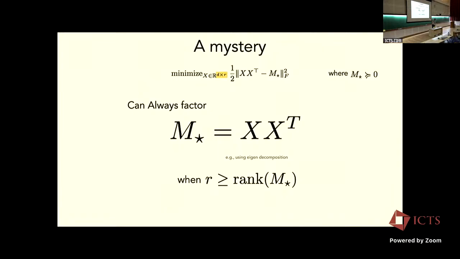As long as the width of the matrix X is bigger than the rank of M star, you can always factor this matrix. Classically, you would do this using something like an eigenvalue decomposition.